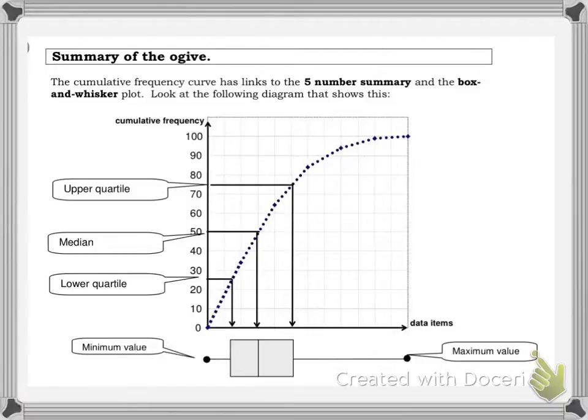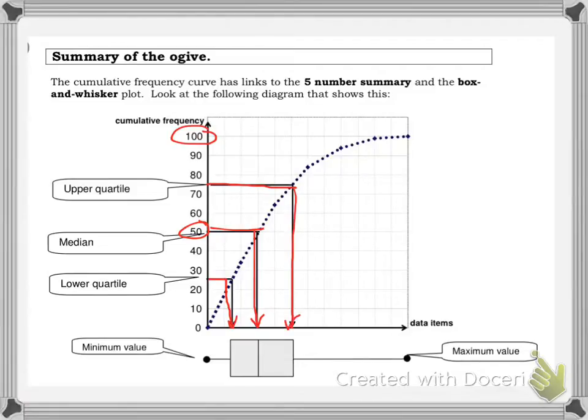So if we look here, we've obviously accumulated 100, and if I divide 100 by 4, or if you're just looking for the median, you're going to go 100 divided by 2. So 100 divided by 2 is 50, hence my median is read off at 50, go across, go down. If you divide by 4, it will divide into quartiles, so every 25. So there's my lower quartile, there's my upper quartile.